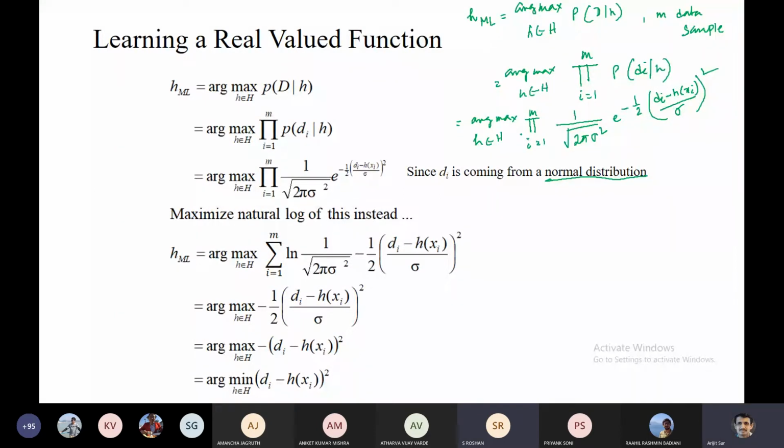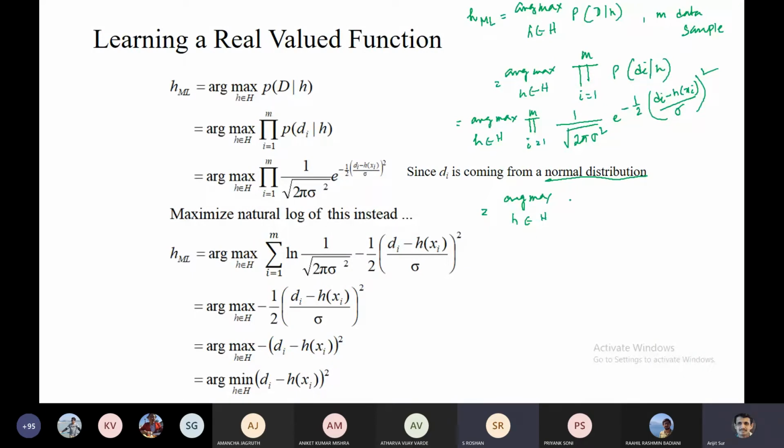Now we put a log because it's an exponential function. Maximize the natural log of this instance. So we can put a log here, and it will be argmax over h belonging to H. Since it is basically a multiplication term, if we put a log, multiplication terms become summation terms.